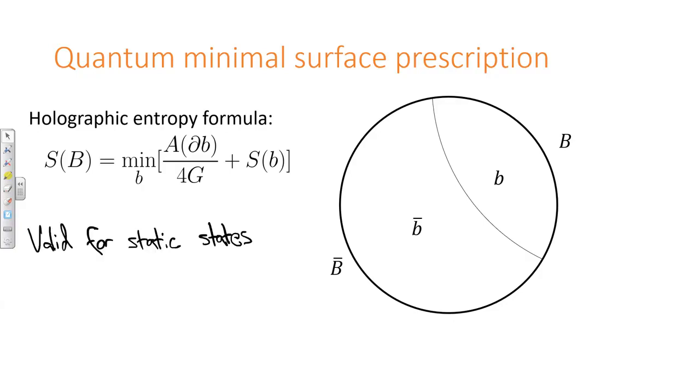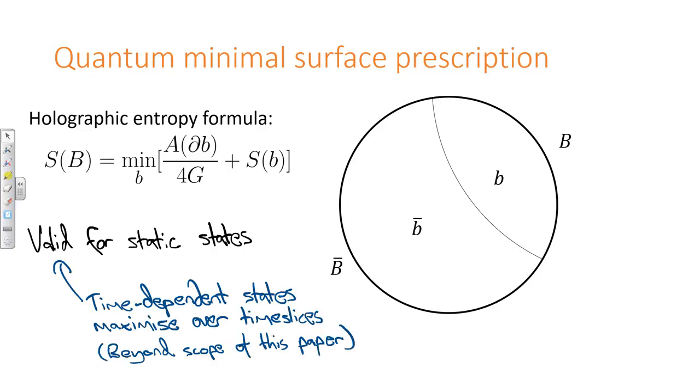As I say, this formula includes quantum corrections, but on the other hand, I did assume that there's at least time reflection symmetry, or often you can consider things that are static. So for general time-dependent states, what you should really be doing is maximizing. You should compute this quantity in every possible Cauchy slice through the bulk, every possible time slice.